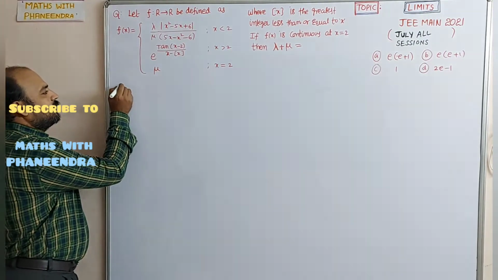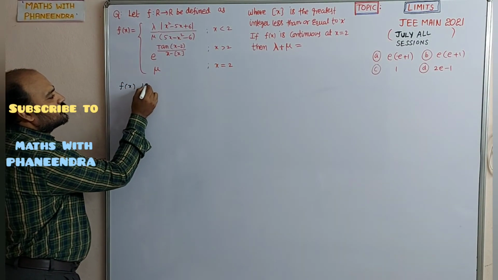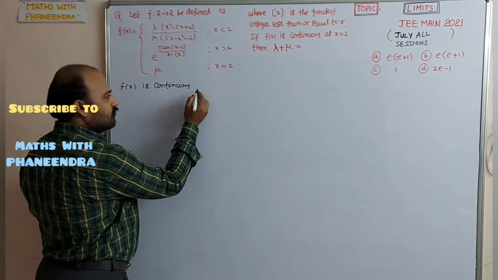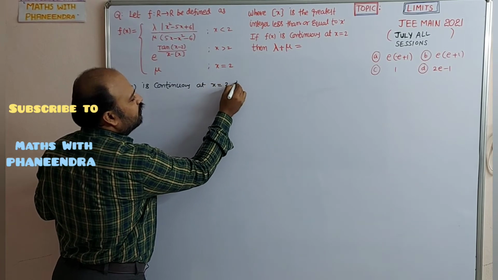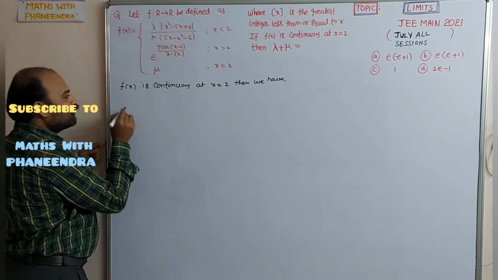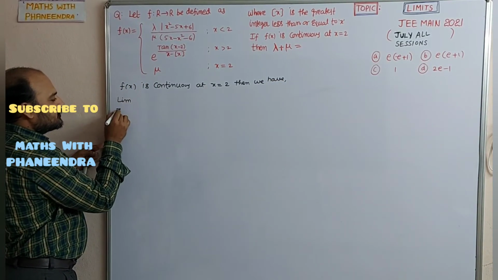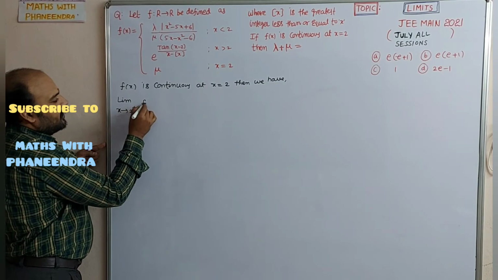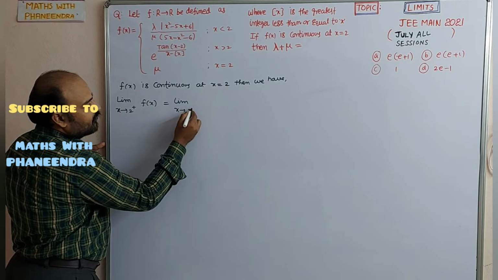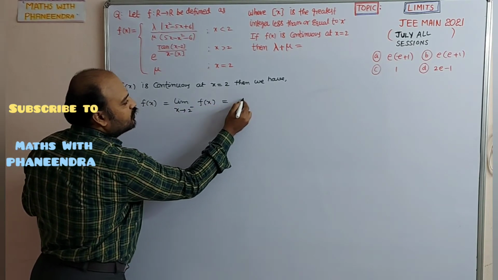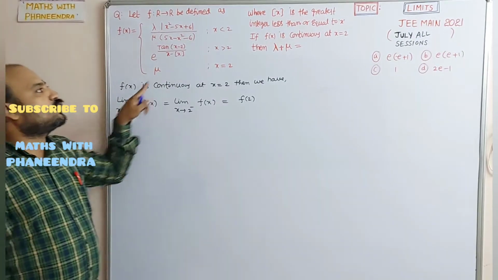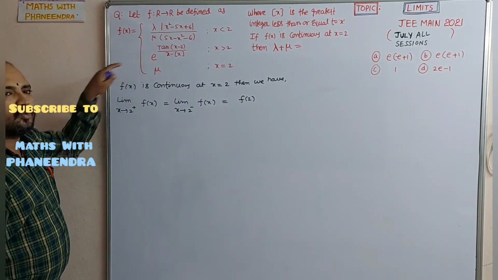What can we write here? f of x is continuous at x equal to 2, then we have limit x tends to 2 plus f of x equals limit x tends to 2 minus f of x equals f of 2. x tends to 2 plus means x is greater than 2, so in place of f of x you have to write this one.